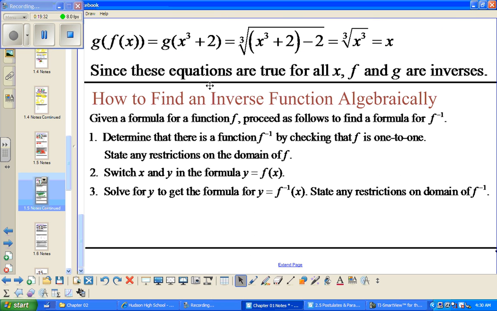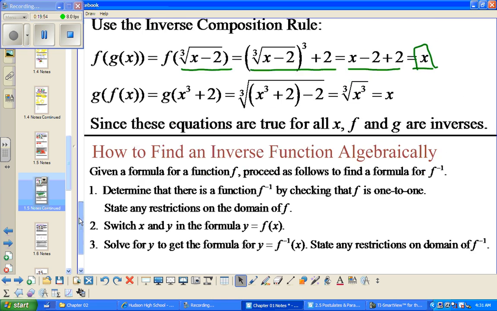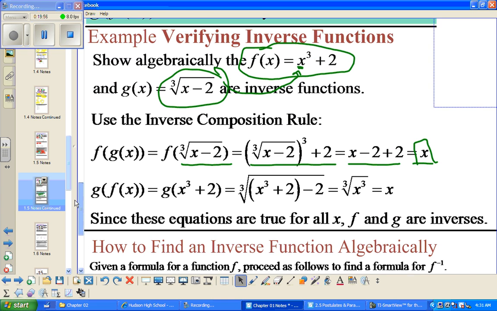So how do you find an inverse function algebraically? You determine that there is an inverse function by checking if it's 1-to-1. State any restrictions on the domain of f, the original function. What that means is if there are any restrictions on the original function, then those restrictions will carry through to the inverse function as well.